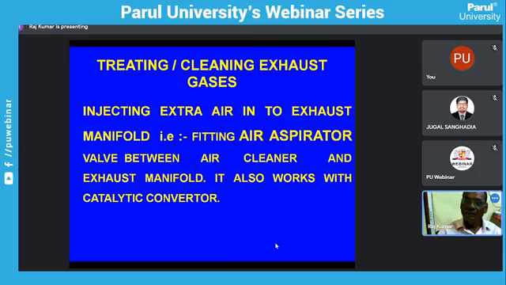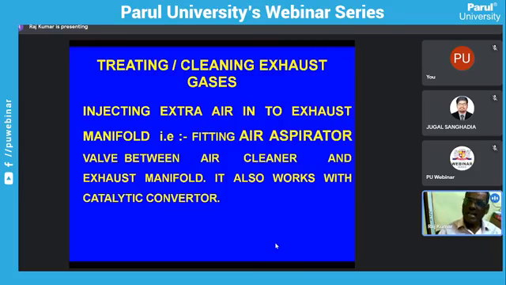If the oxygen is less in the exhaust, it means your mixture is rich. So our device, the electronic control unit, will alter that mixture. If the oxygen is present more in the exhaust, it means your mixture is lean.